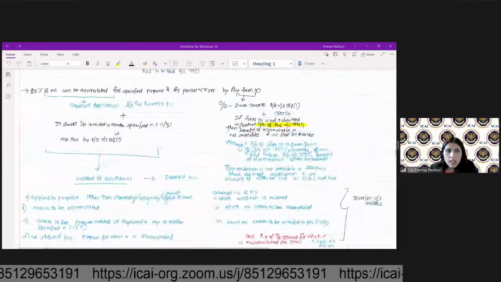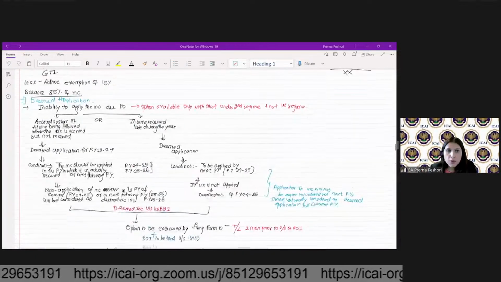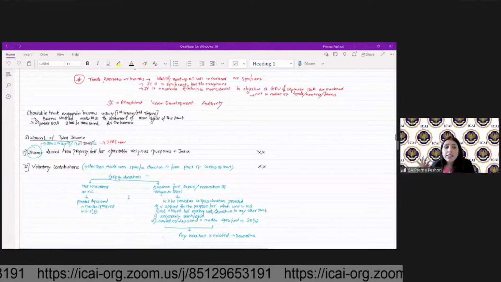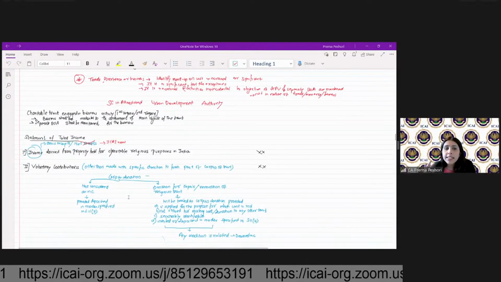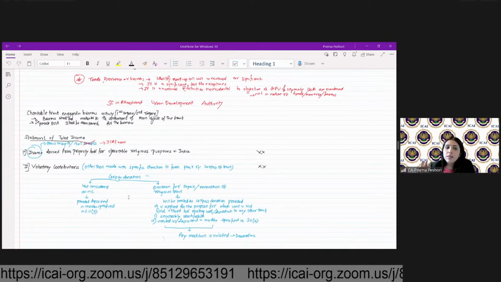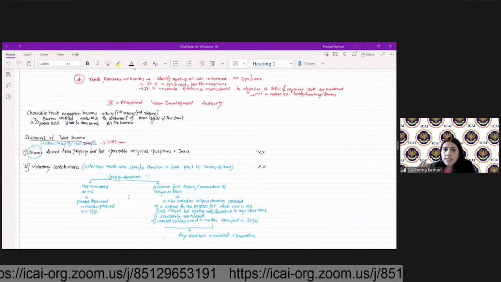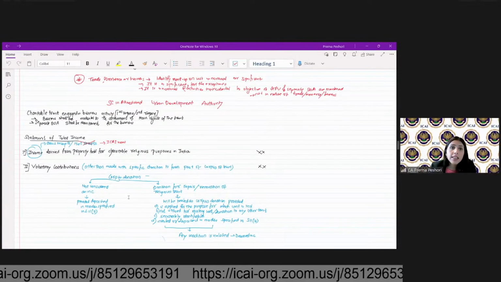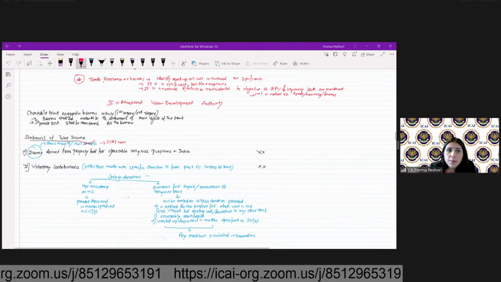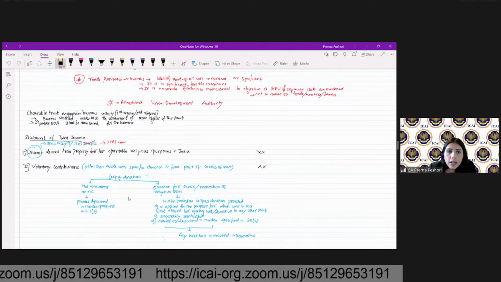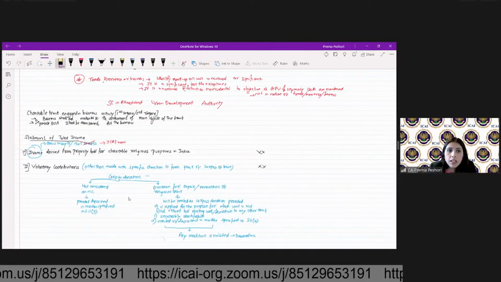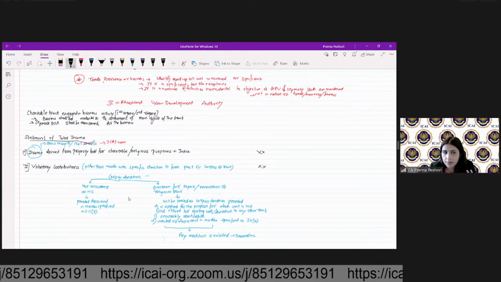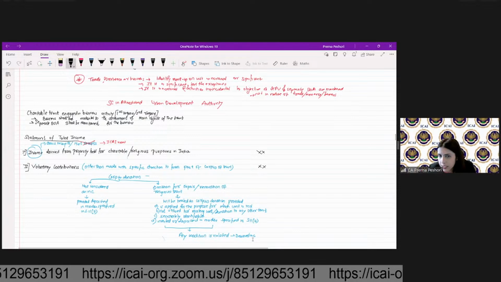So see, what we had written over here: we will start with income derived from property held for charitable or religious purposes in India. Now here, as I told you, income would mean the gross receipts and not the net receipts.